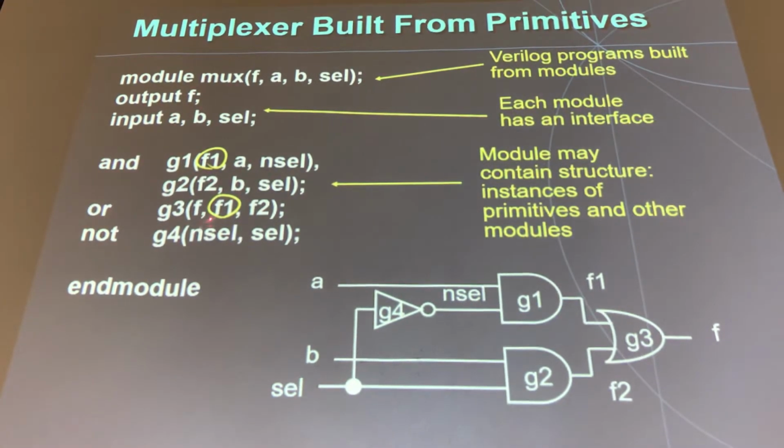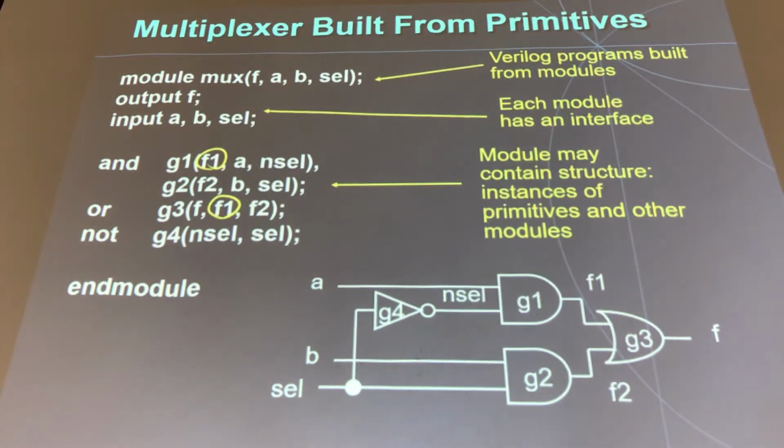The NAND gate here, G4, has Ncell as output and cell as input. So when you provide these three statements, you describe how these gates are connected. It should be very clear. And then endmodule finishes the module description.